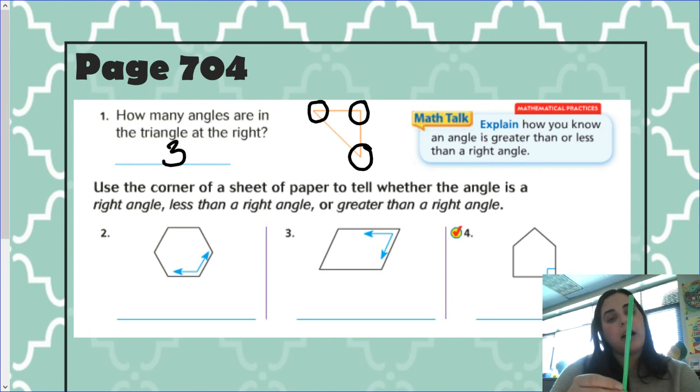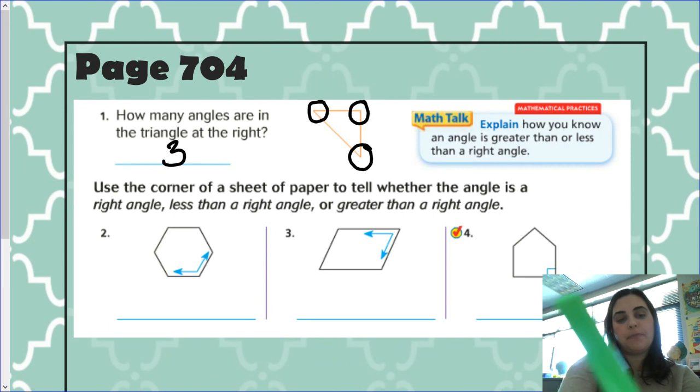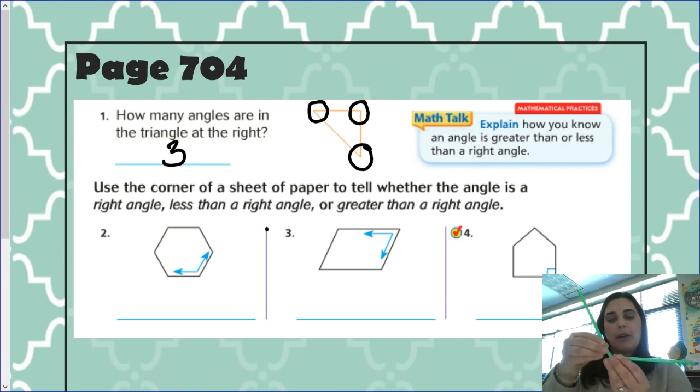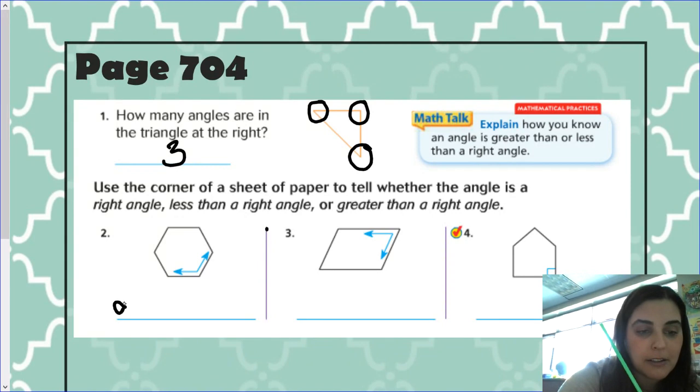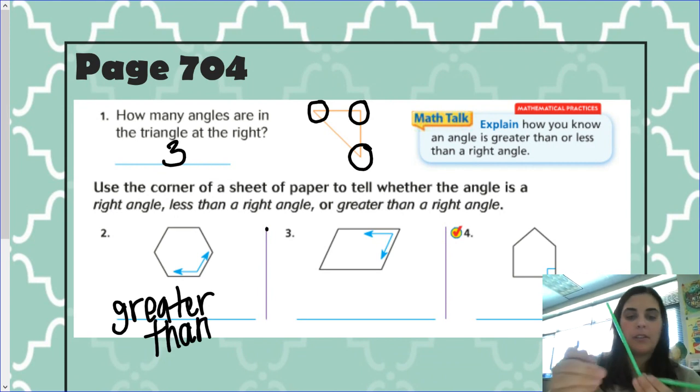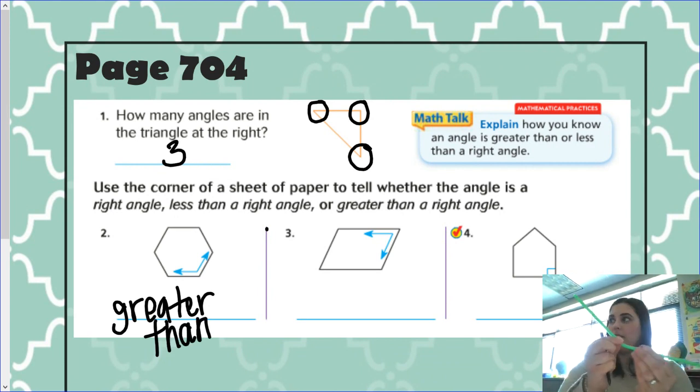So we're using our straw, and if I put this straw against that first shape in number 2, I can see that my straw is going greater than a right angle. So we would say number 2 is greater than. Greater than a right angle.